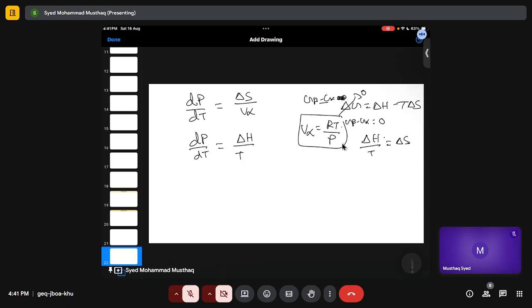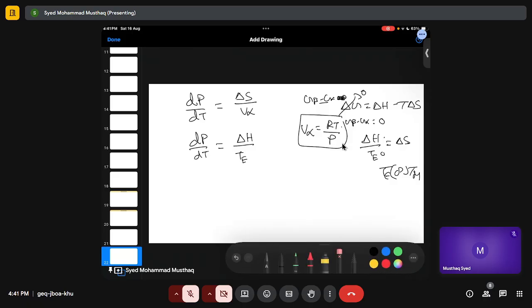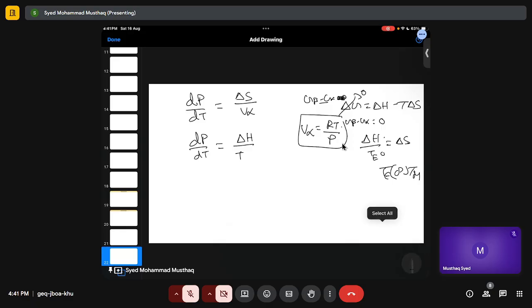Now substitute that term here. T equilibrium is nothing but T melting. We are talking about melting. At melting, solid and liquid are both the same. You can take any other temperature as well, it will not change much, or you can just represent it as T equilibrium.